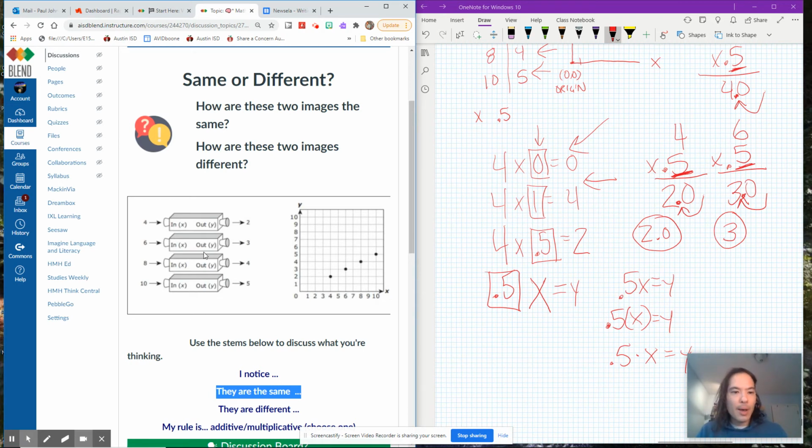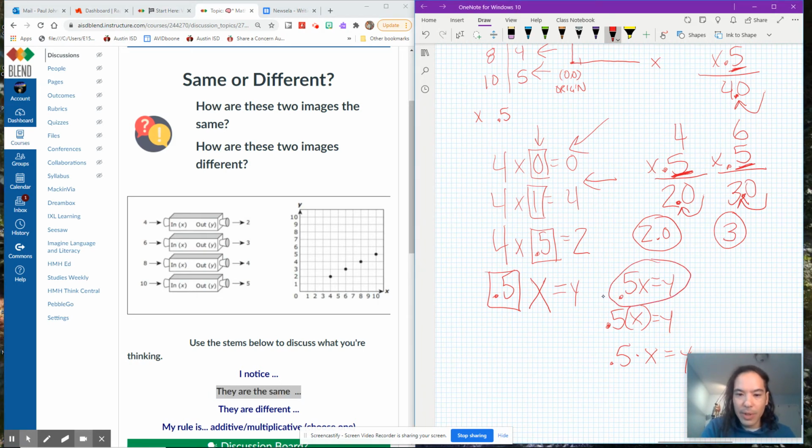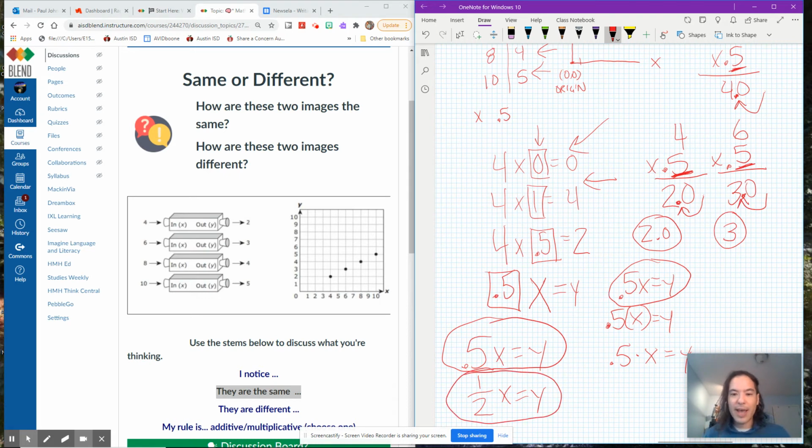So your rule was a multiplicative rule, and it was 5/10 x equals y, or really 1/2 x equals y. That would work, because if we found half of 4, it would still be 2. So either one of these, if you wanted to use the decimal version of half, 5/10, or the fraction version of half, 1/2, both of those work.